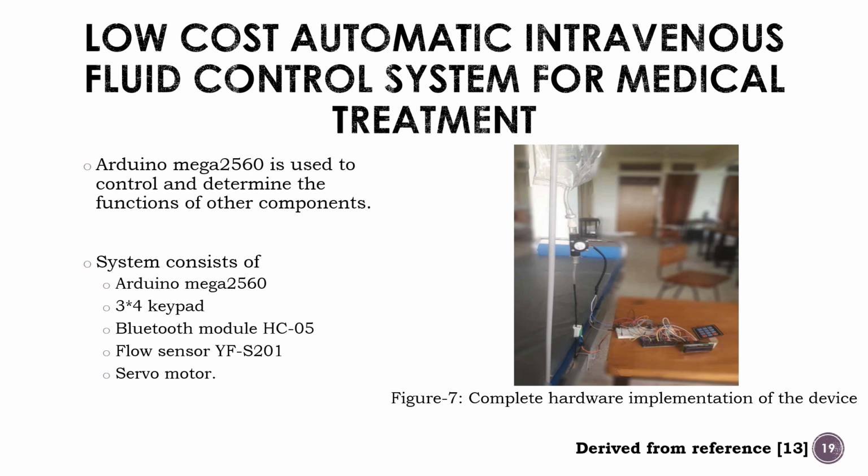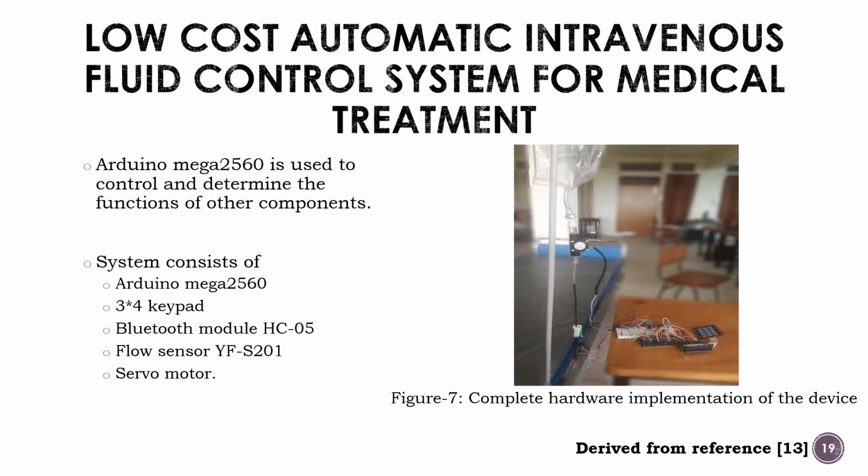In the system, an Arduino Mega microcontroller is used, which can also be considered as the system's heart because it directs and specifies the functions of other components. A 3x4 keypad matrix is used for giving the input order of the number of drops.